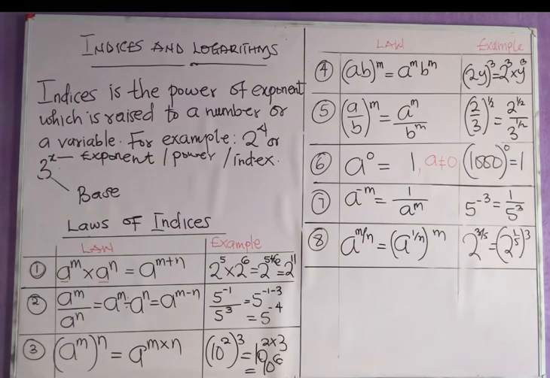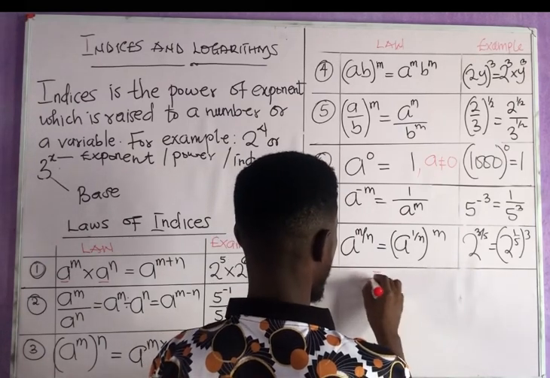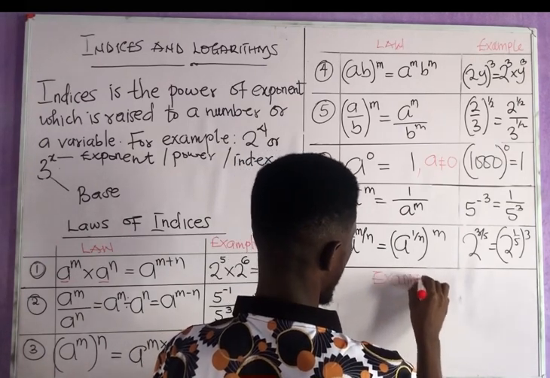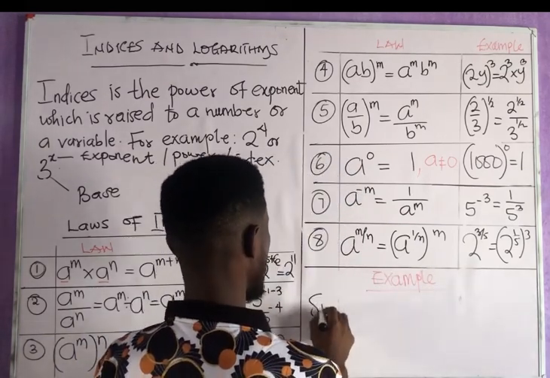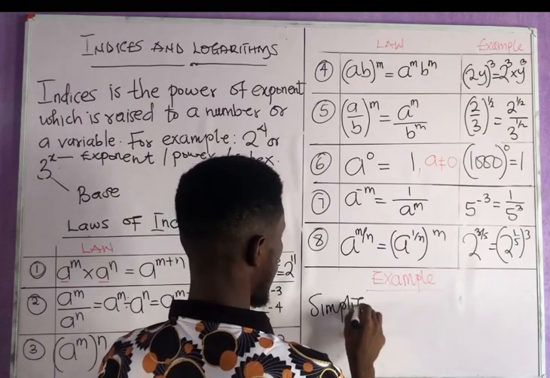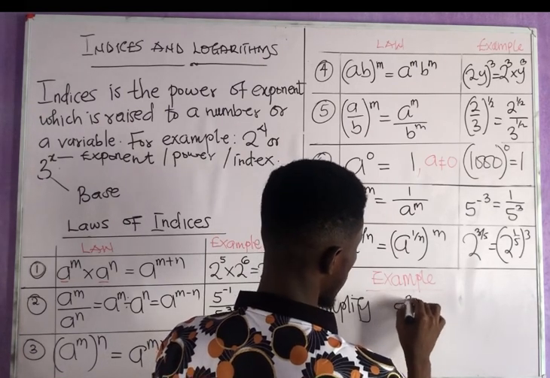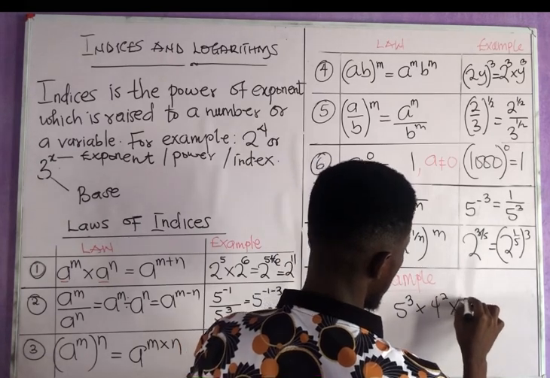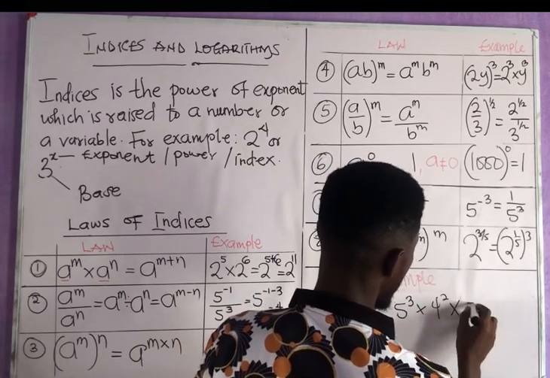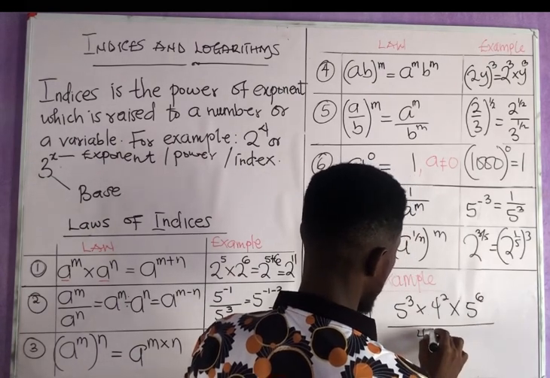Now let's look at an example. If I have, simplify, 5 to the power 3 times 4 to the power 2 times 5 to the power 6, all divided by 4 to the power 8.